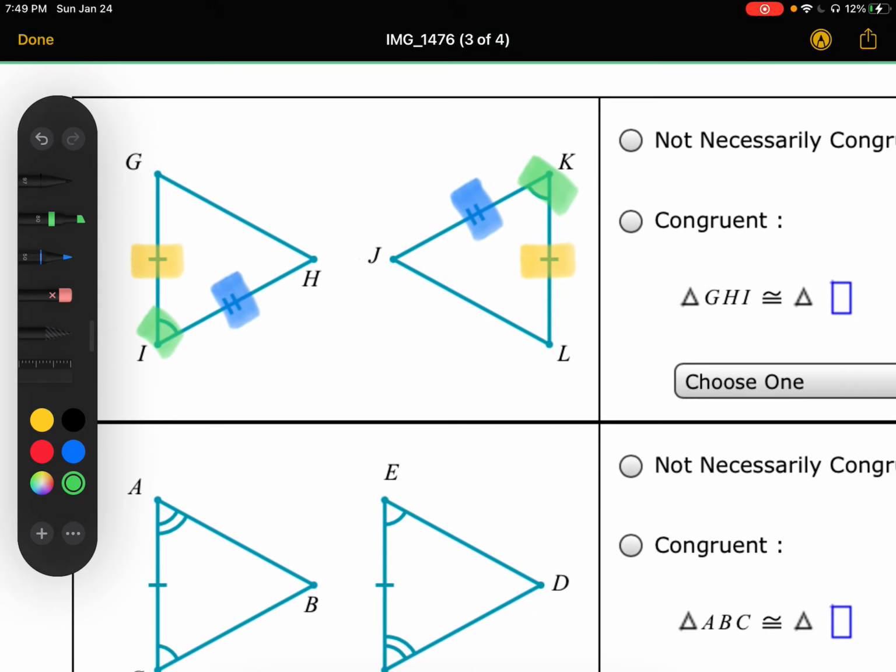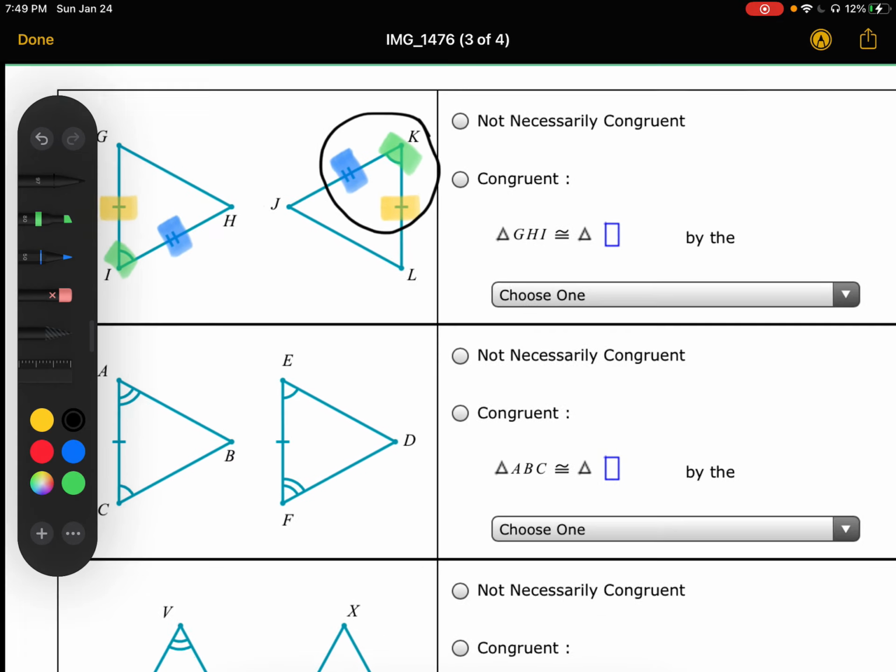When you look at it, they look the same, right? But the order of which the angles and the sides are congruent or equal will tell you if the whole thing is equal. Just because you have a same side and the same angle does not make the whole triangle equal.